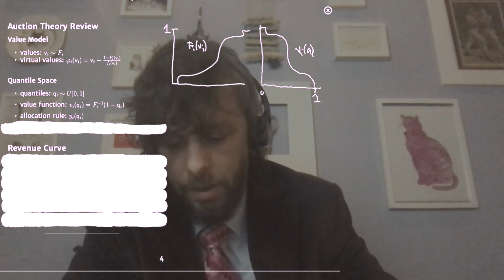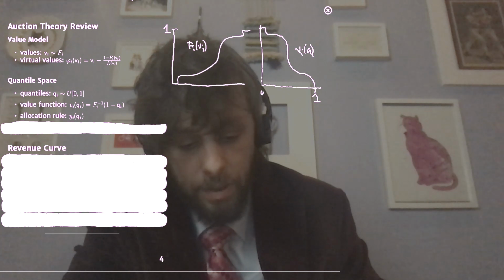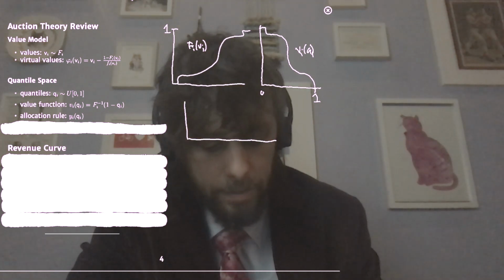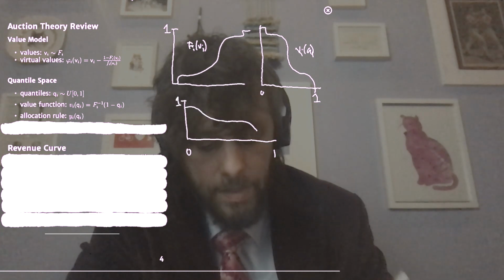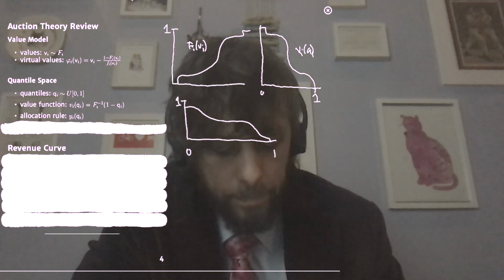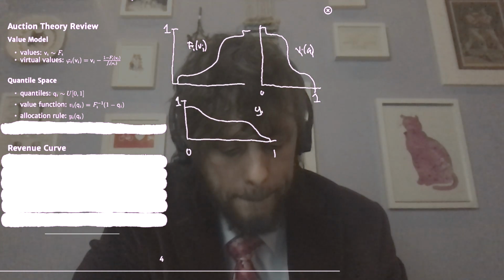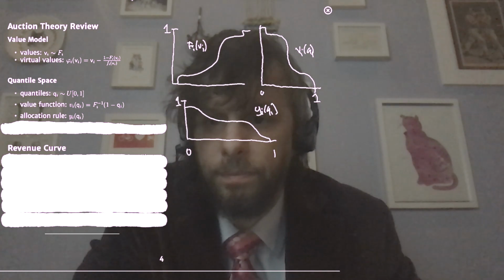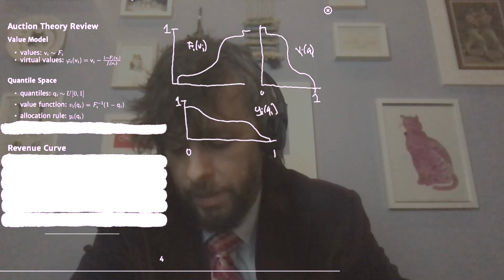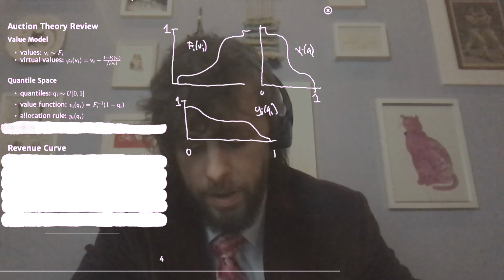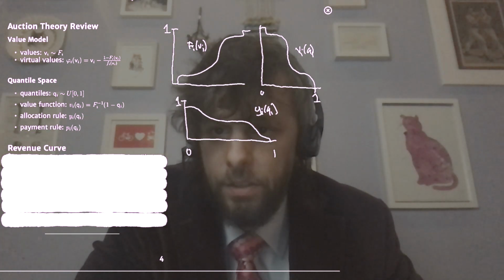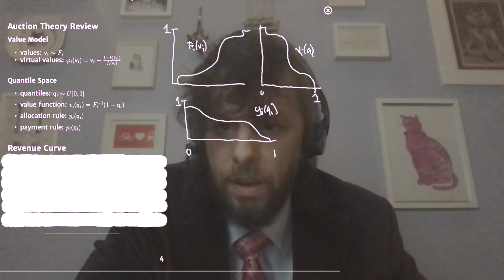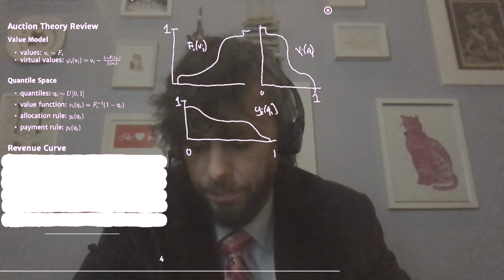So allocation rules are written in quantile space, and strong agents have low quantiles, so allocation rules are decreasing functions. Great. And I'm going to write payment rules also in quantile space as p_i of q_i.